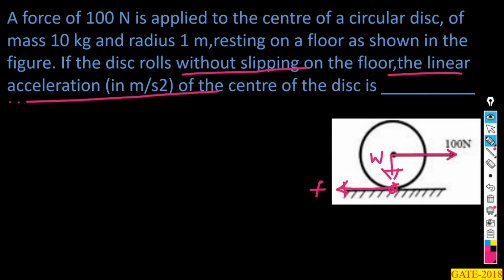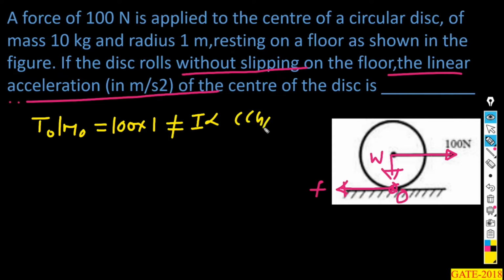Let this point be O. Let me take torque or moment about point O, which is equal to 100 into 1, and you can notice here which is not equal to I times alpha in this case, which is only true if the point happens to be the center of gravity or center of mass, or if the point happens to be the inertial point.